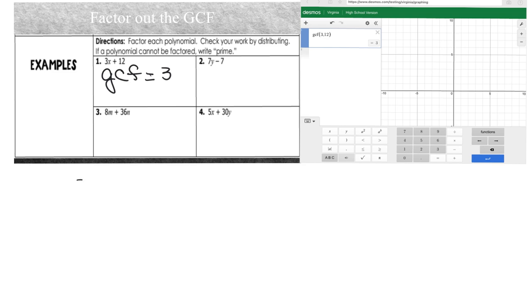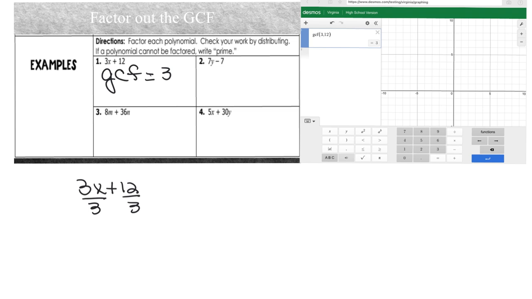Once I find the GCF, I'm going to take my original problem. I'm going to divide each term by the GCF, and I'm going to write my answer in distributive property form.